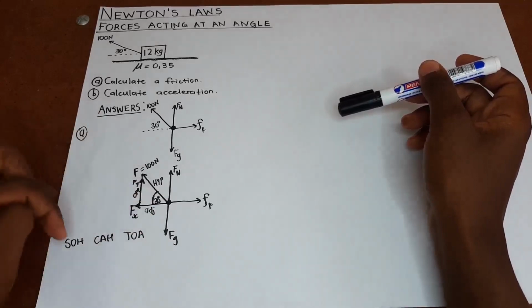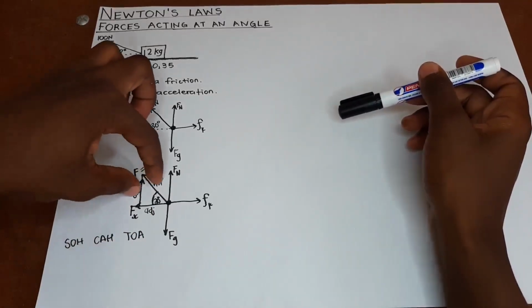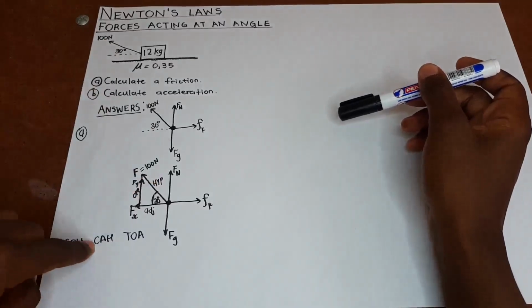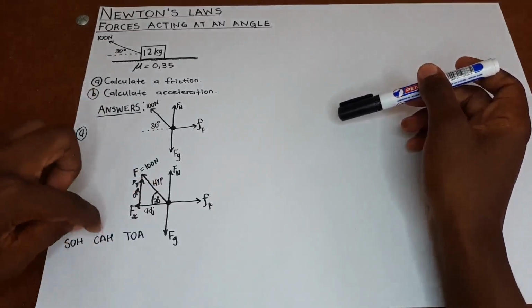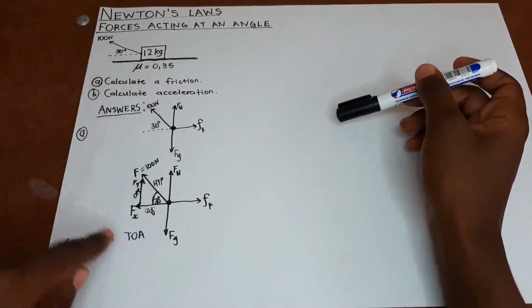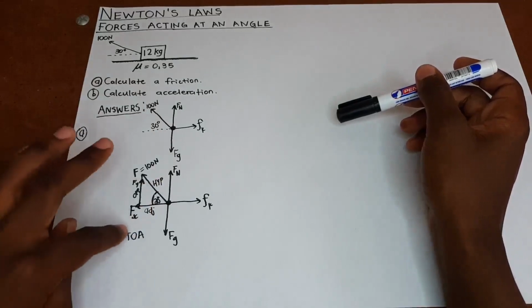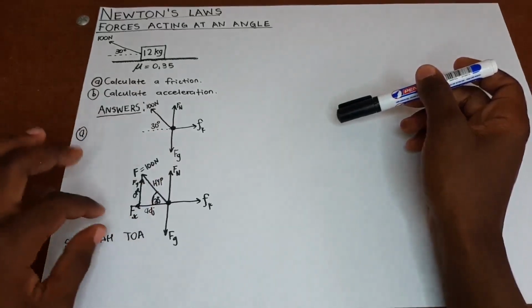So we're using this side. Sine theta is equal to opposite over hypotenuse. Cos theta is equal to adjacent over hypotenuse. TOA, which is our tan: tan theta is equal to opposite over adjacent.